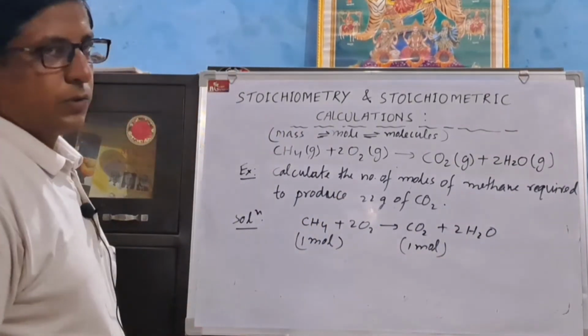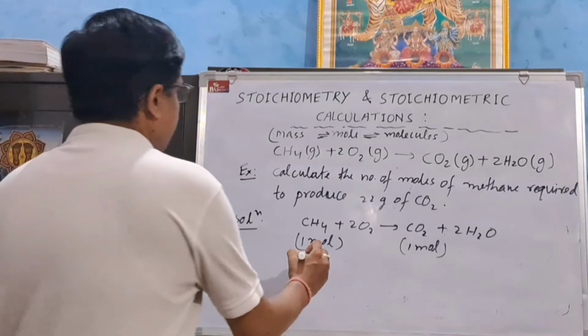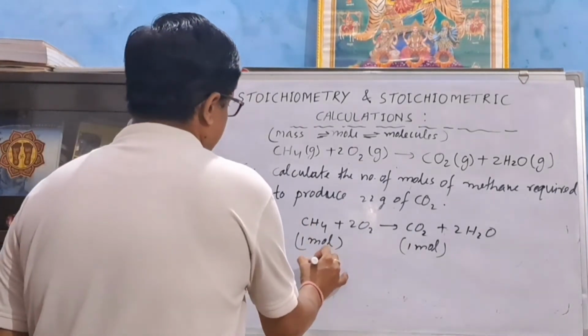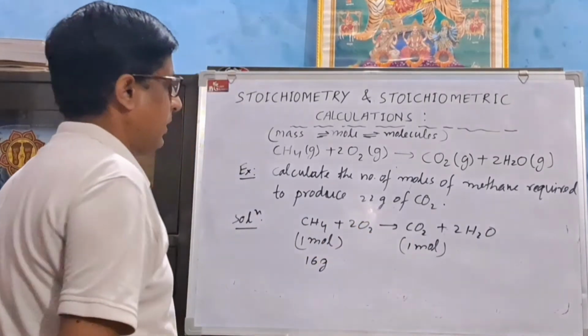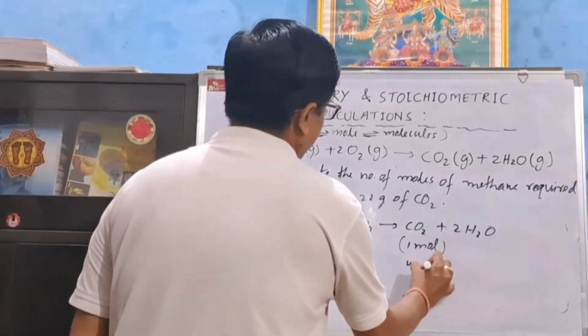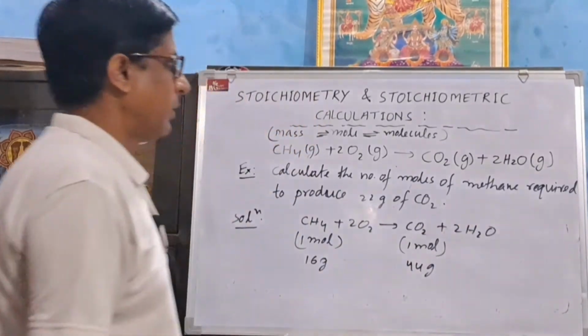This can also be written in terms of grams. Methane has molecular mass 16, therefore 16 grams of methane is required to produce 44 grams of carbon dioxide.